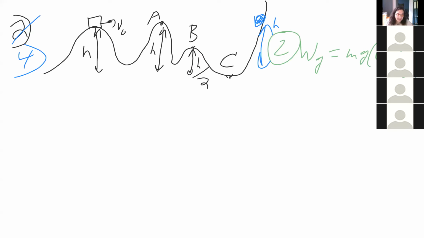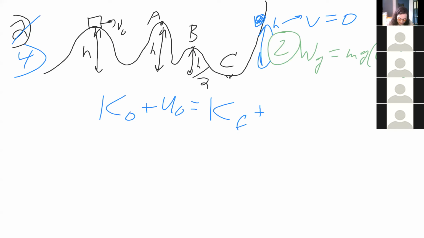So this is, again, a max height problem similar to in kinematics. Remember that the maximum height occurs when the speed is equal to 0. So starting from our initial, we'd have the kinetic energy initial plus the potential energy initial, and that's going to be equal to the kinetic energy final plus the potential energy final.